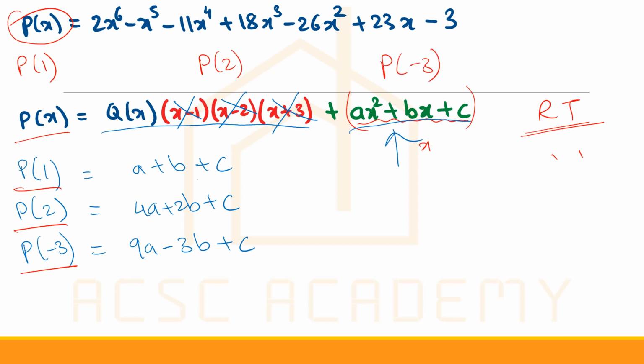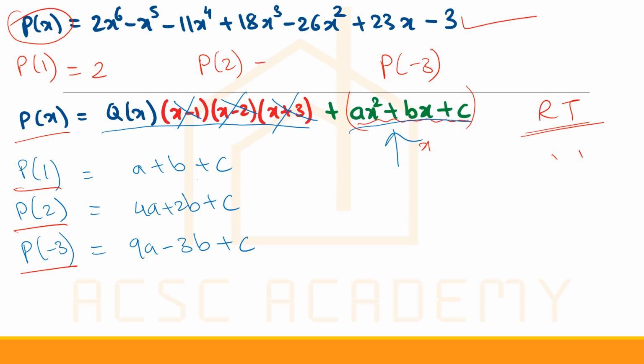How do we do that? We have already been given this equation. So we will simply substitute x equal to 1 in it to find out the value of p of 1. And how will we do that? It will simply be 2 minus 1 minus 11 plus 18. That way you can easily calculate that. So when you do so, we get the value of p of 1 as 2.